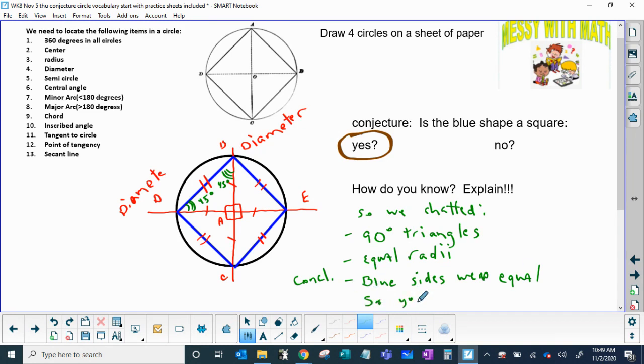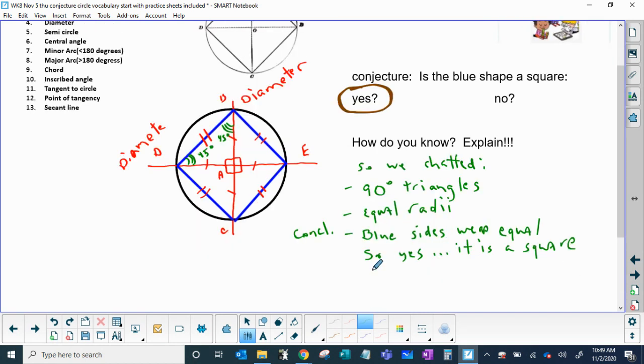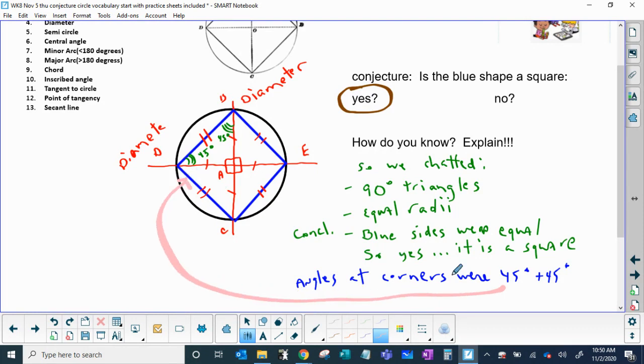So, yes, it is a square. Now, if we would have had more time, we would have gone one step further to say the angles at the corners were 45 degrees plus 45 degrees to equal 90 degrees.